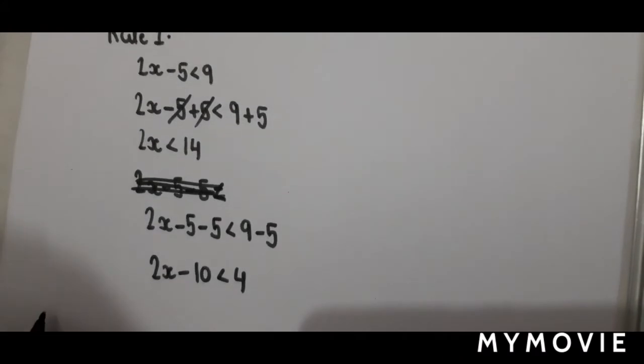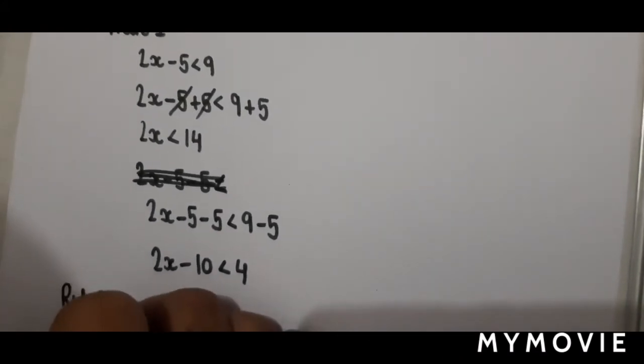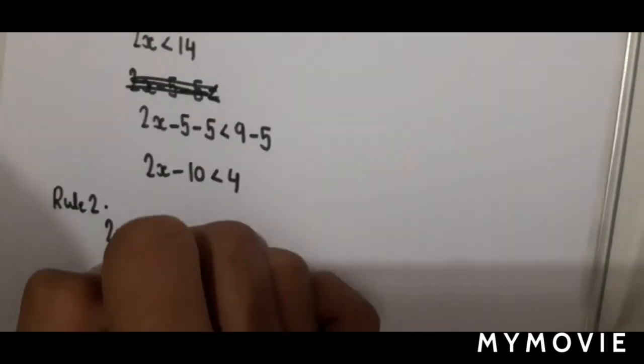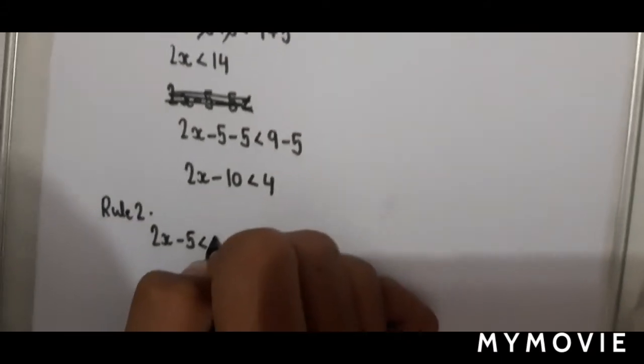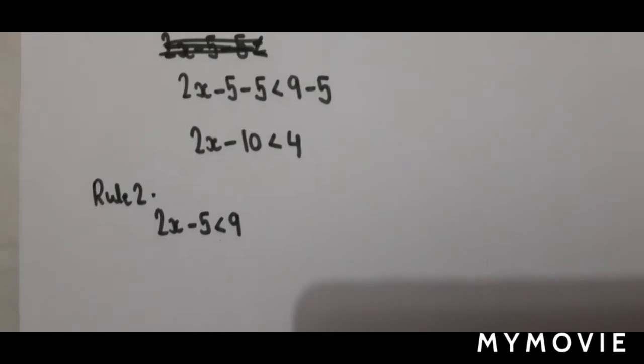Our second rule is Rule 2. If we multiply or divide with a positive number, there will be no change in the sign.